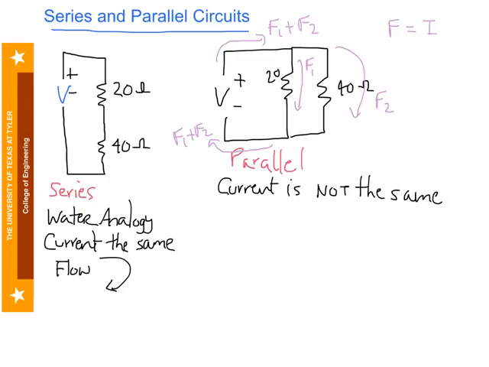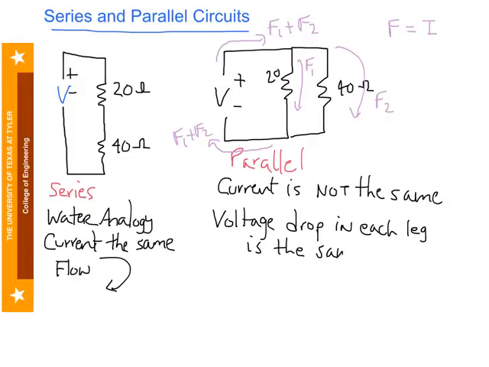So on this parallel circuit, the current is not the same everywhere, but what we can say is that the voltage drop in each leg is the same. If we were going to use our fluid flow analogy, the pressure, right? Pressure is the same in each leg.